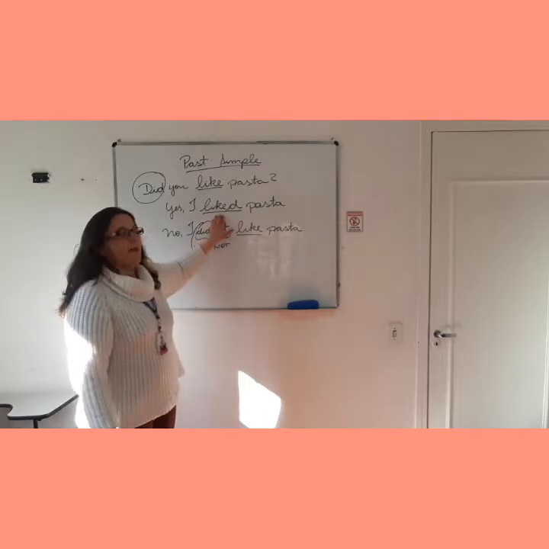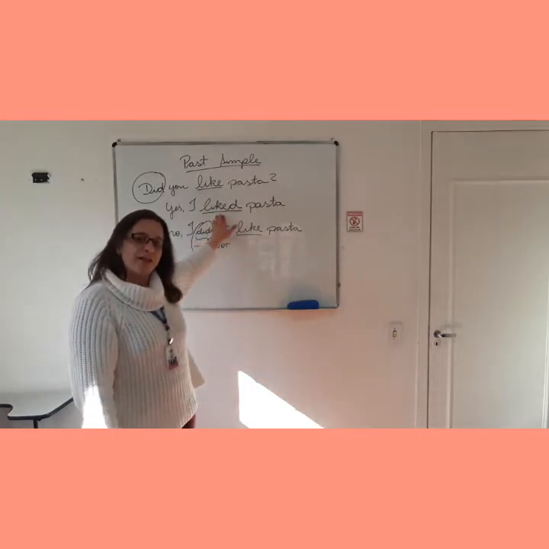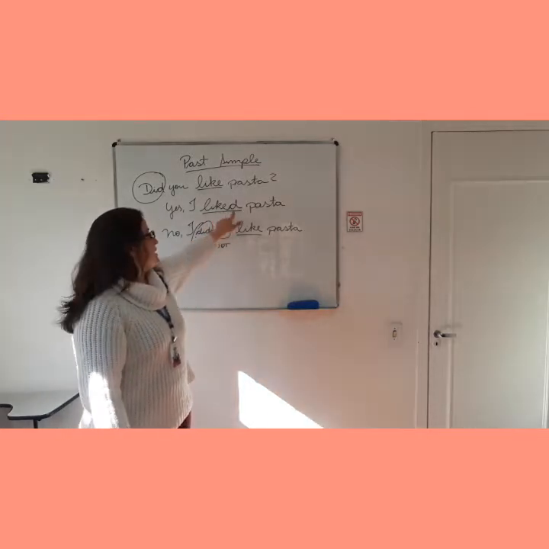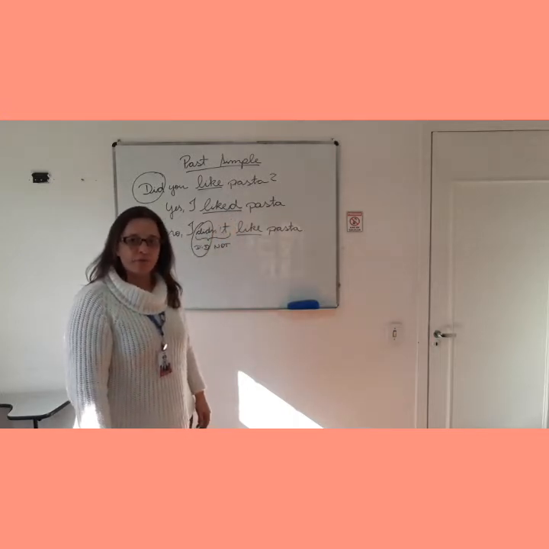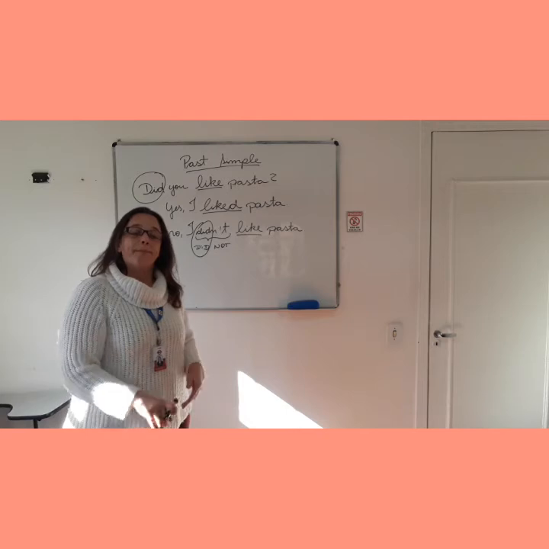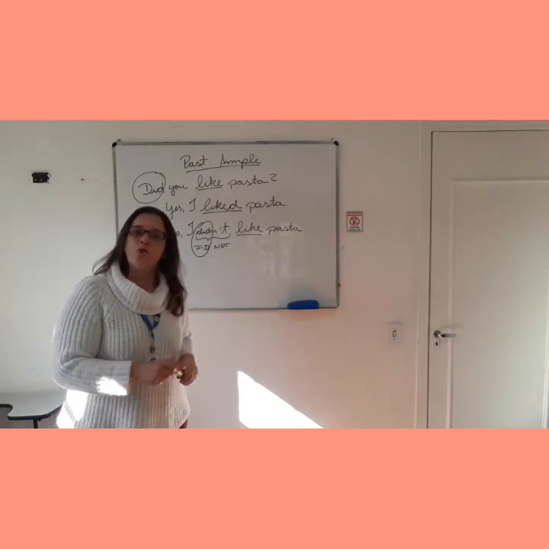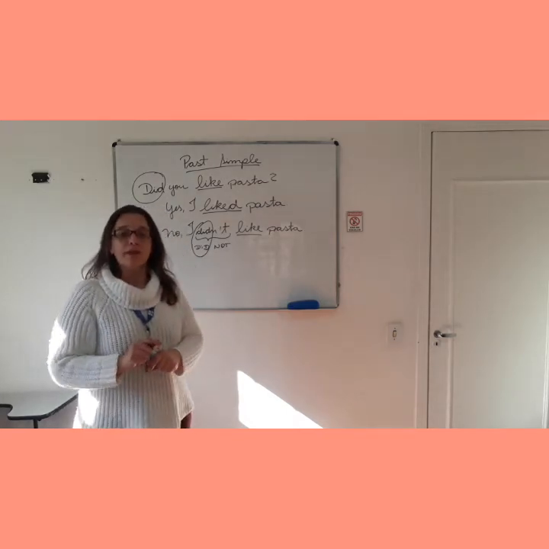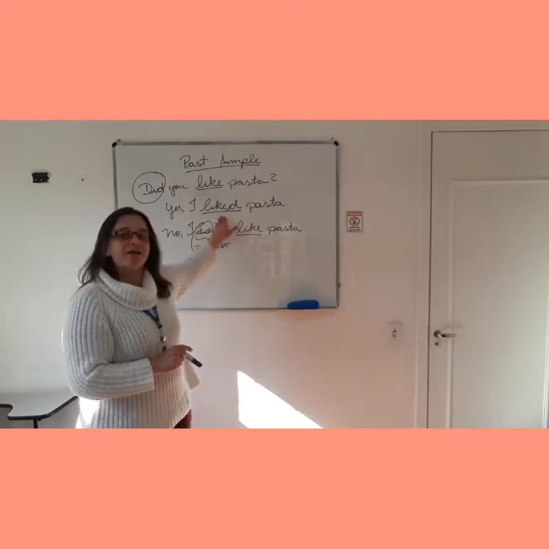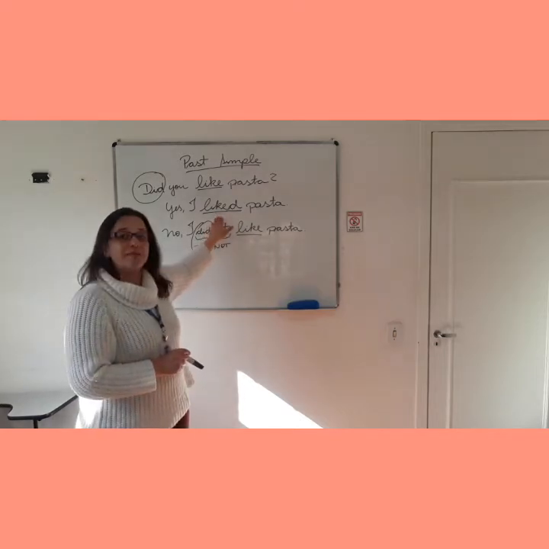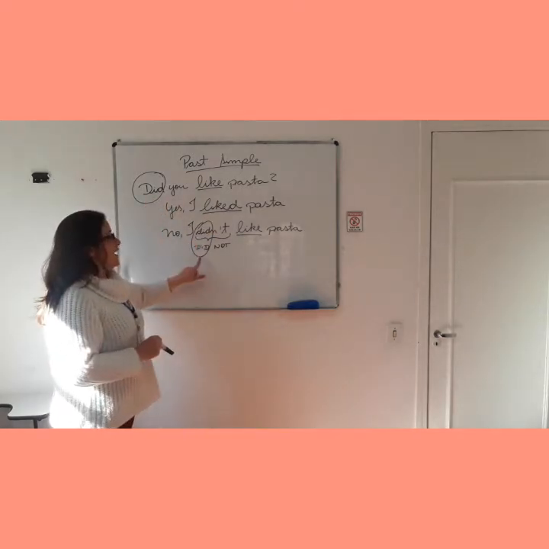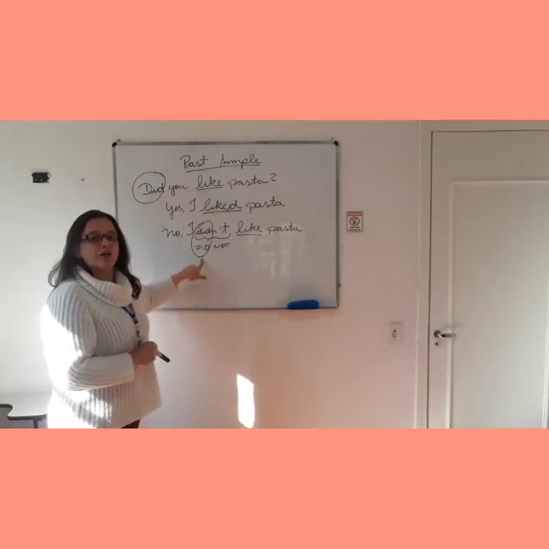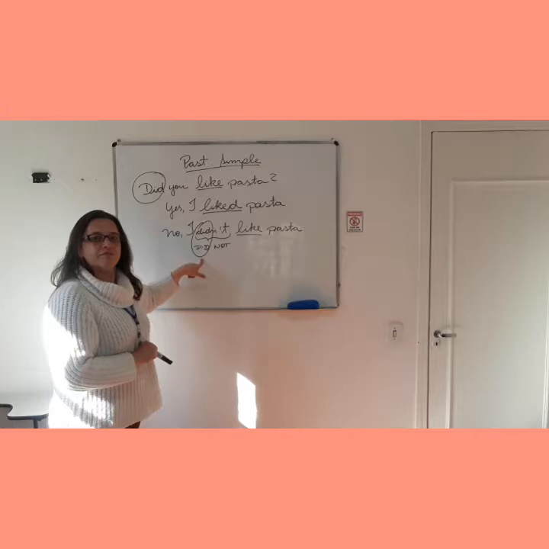So, to put English regular verbs in the past, we put D or ED at the end of the verb. Okay? But you have to remember that we only use the verb in the past in affirmative sentences because in the question and in the negative, we use the auxiliary did.